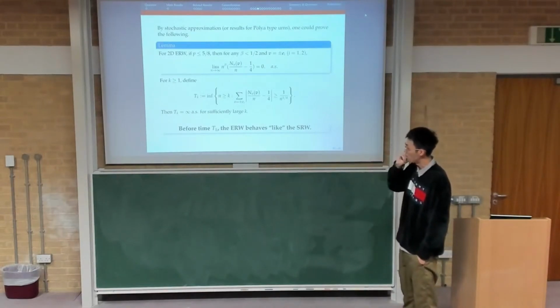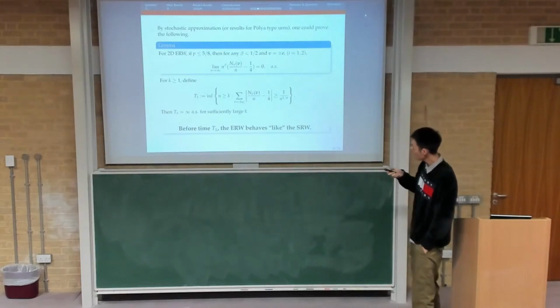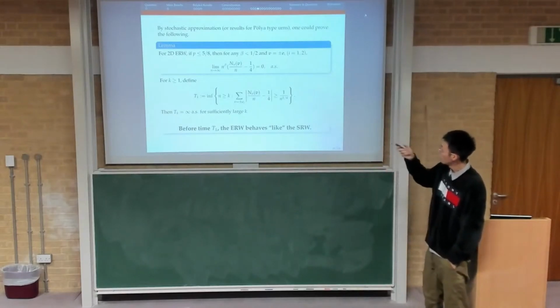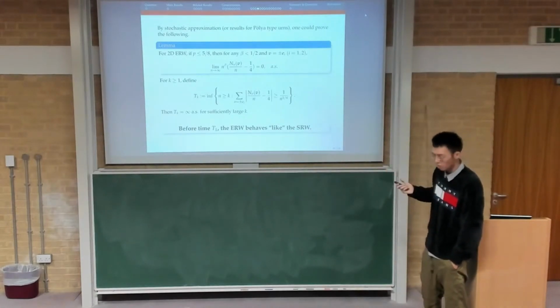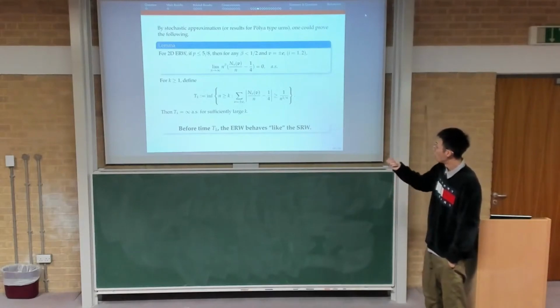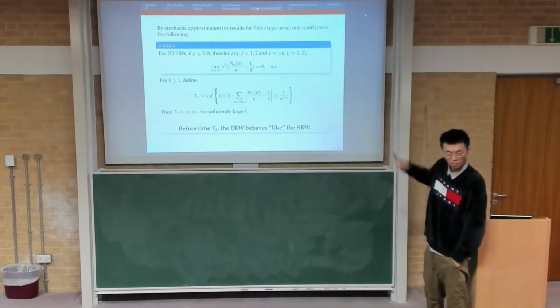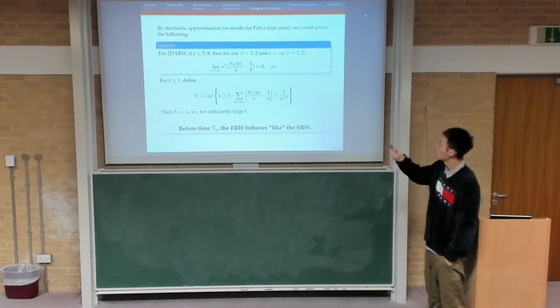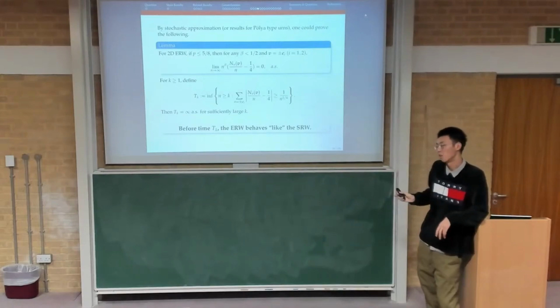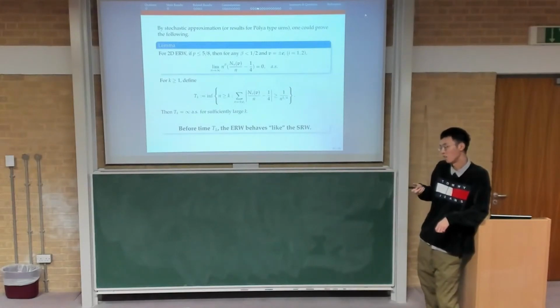This result is somehow standard. When P is less than or equal to 5/8, or alpha is less than or equal to 1/2, this empirical measure, n of v divided by n, will converge to the uniform measure, 1/4, at the rate of 1 over square root of n, basically.